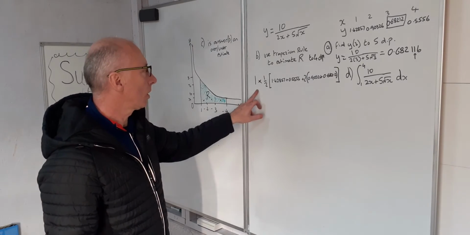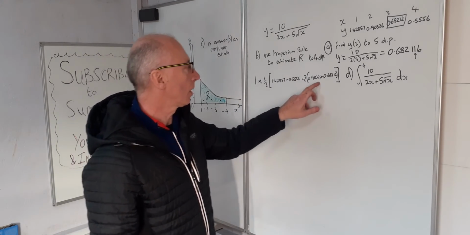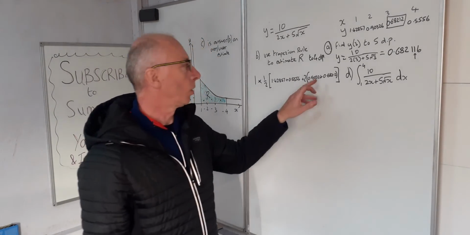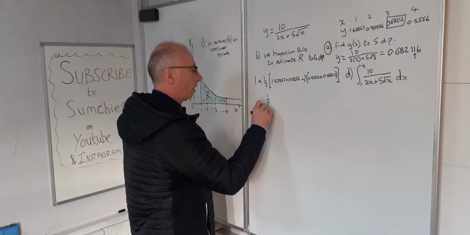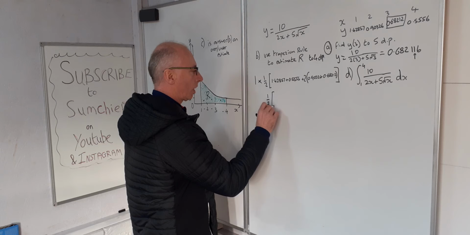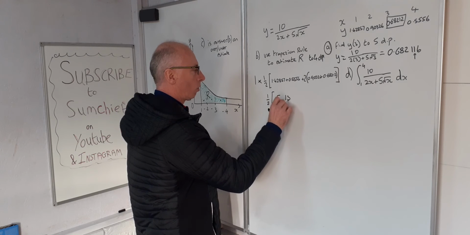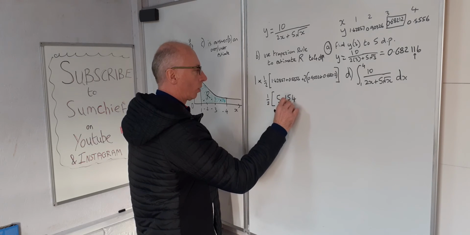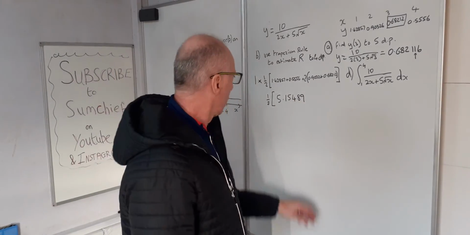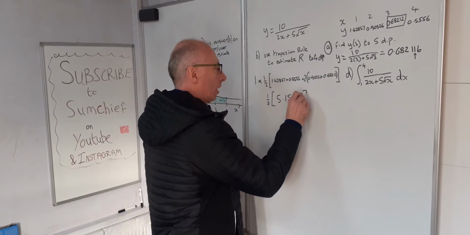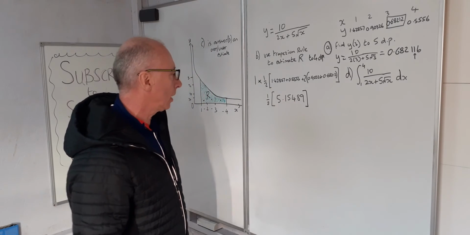Okay, so plug all this into the calculator, doing all the correct sums and everything. We get half, 1 times a half is a half, times 5.15489. Okay, close the bracket, and now we need to half that.